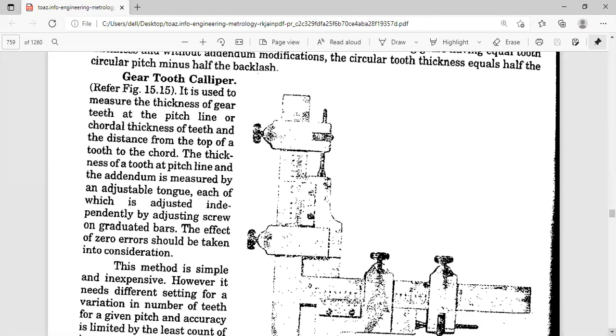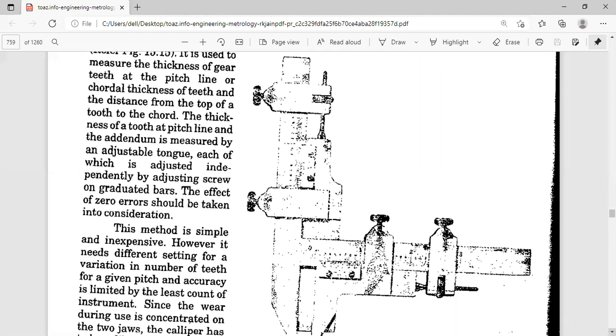So this method is simple but inexpensive. You don't have to incur a capital cost for this. We just have this particular instrument, and we go for the measurement of the gear tooth thickness.